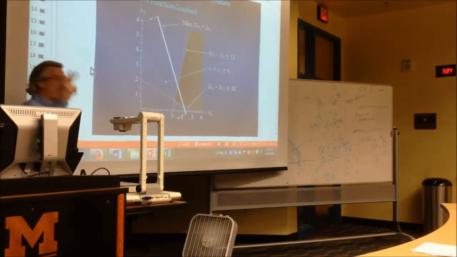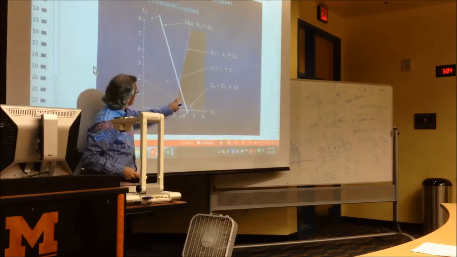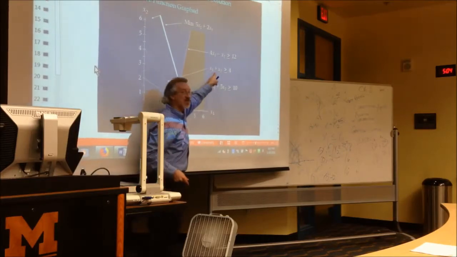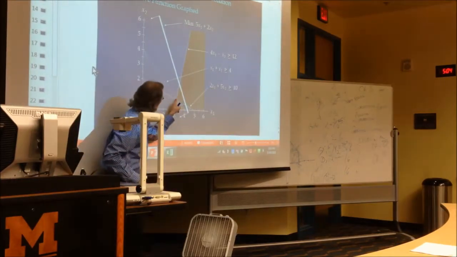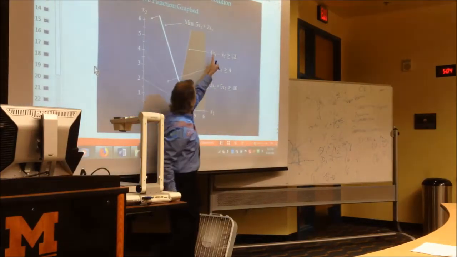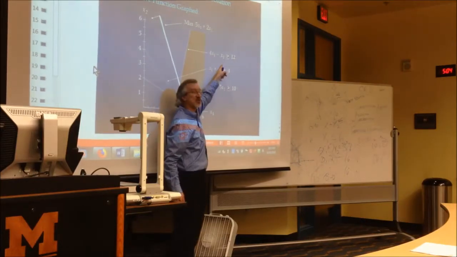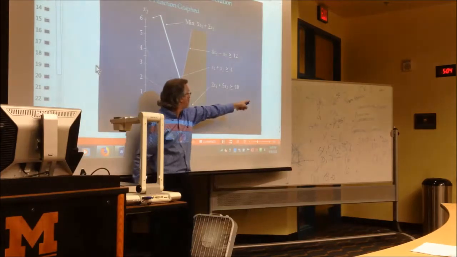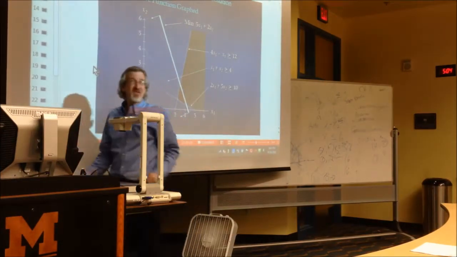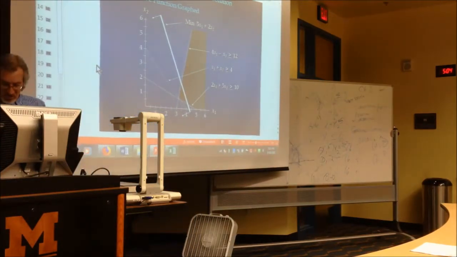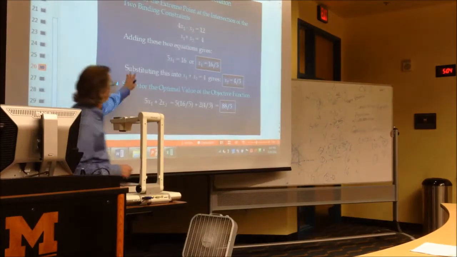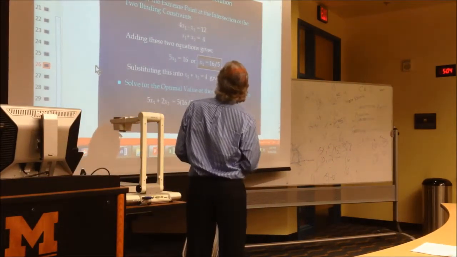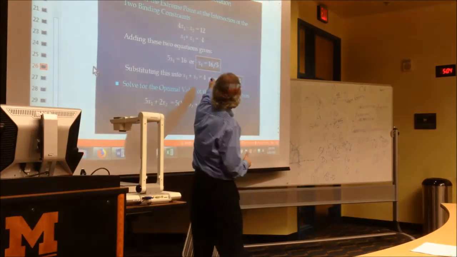What two equations form that point right there? This one, which is x1 plus x2 greater than or equal to 4, and this one, which is 4x1 minus x2 greater than or equal to 12. I take these two equations, I apply the substitution, addition, or subtraction method, and that optimal solution right there is 16/5.